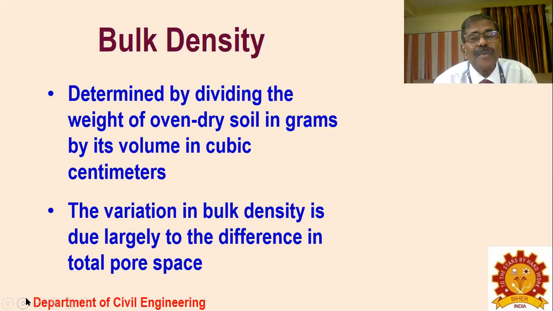The solid mass is more when there is no moisture, so total pores are more and water content is low. Normally we do this when we design the footing also. Gamma minus 1 we used to take as the density of the soil, because the minus 1 accounts for the water when the water table rises to the ground level. So the variation in the bulk density is due largely to the difference in the total pore space and the water occupancies.